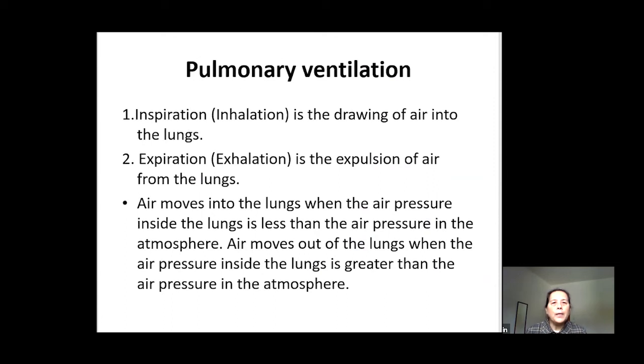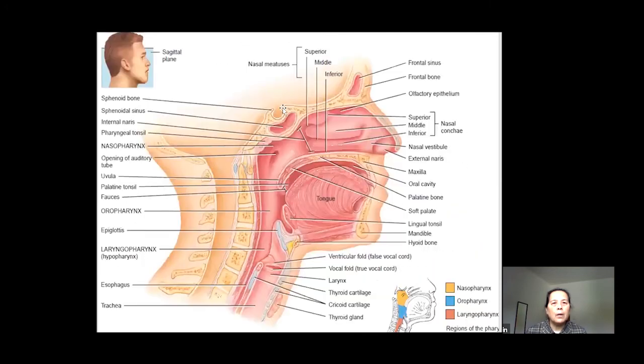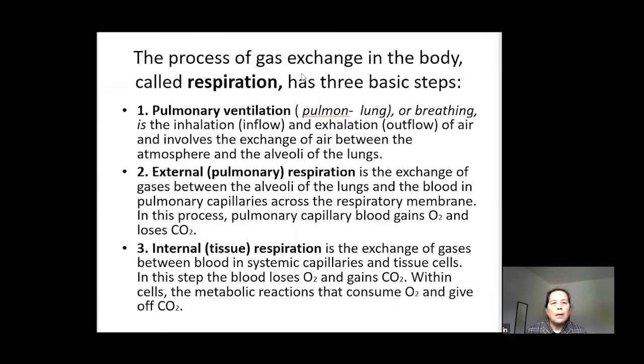So we say respiration is separated into three parts. Still remember we were talking about this from the beginning of the respiratory system. Respiration has three parts. One part is pulmonary ventilation: air coming from outside of the body, going inside the lung, to the alveoli.